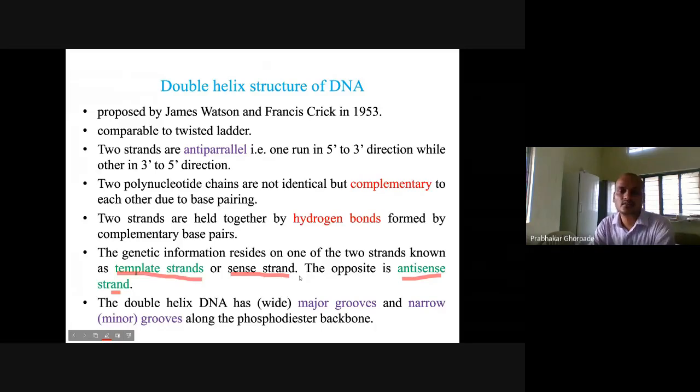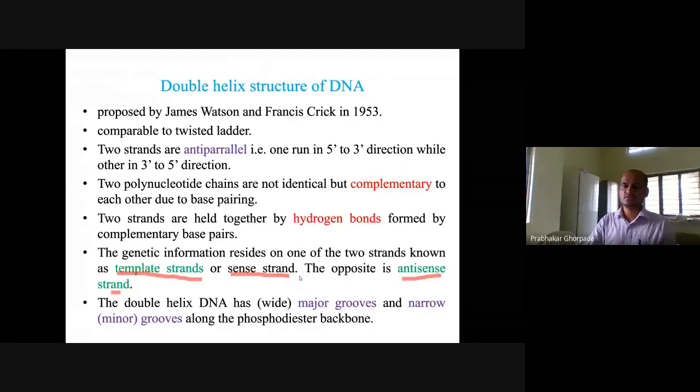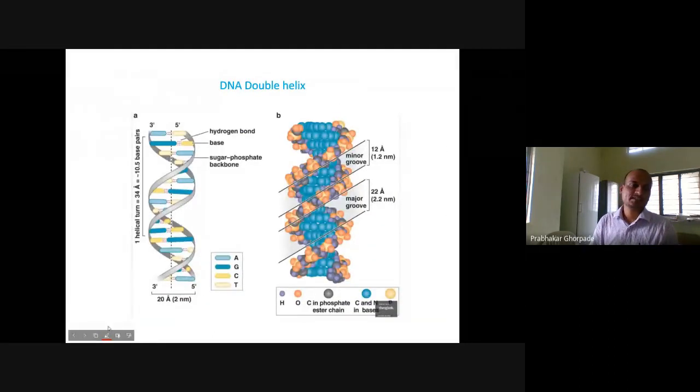The DNA helix has a wide major groove and a narrow minor groove along with a phosphodiester backbone. If you see the structure of the DNA, you can see a major groove, and opposite to this one is a minor groove. Till now we were talking about the bases: nucleotide bases pair with each other.